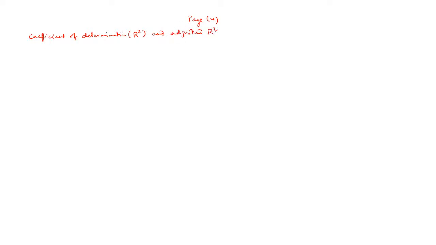So here we introduce a new term, adjusted R square. In simple linear regression we do not use adjusted R square, but when we introduce multiple linear regression, we need adjusted R square. We not only observe the coefficient of determination for goodness of fit, we also consider adjusted R square for multiple regression.